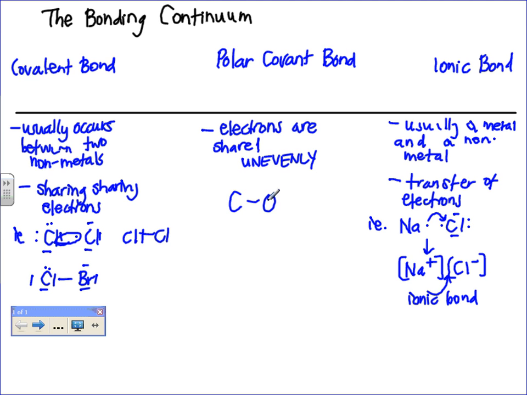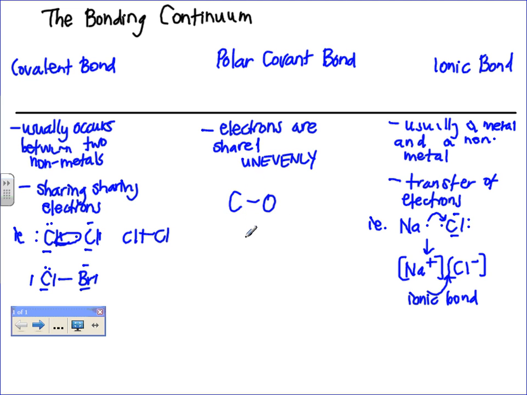The electrons here are not going to be shared equally. What's going to happen is that oxygen is going to have a stronger attraction for the electrons. So the electrons are actually going to spend more time closer to the oxygen atom. That's going to leave the oxygen slightly negative and the carbon slightly positive.